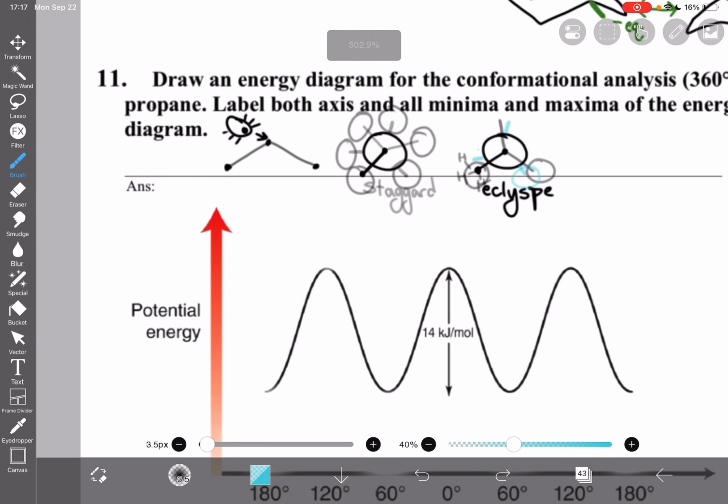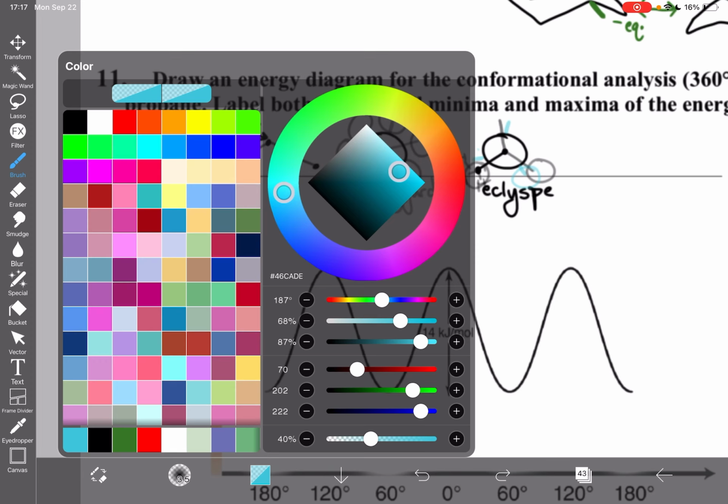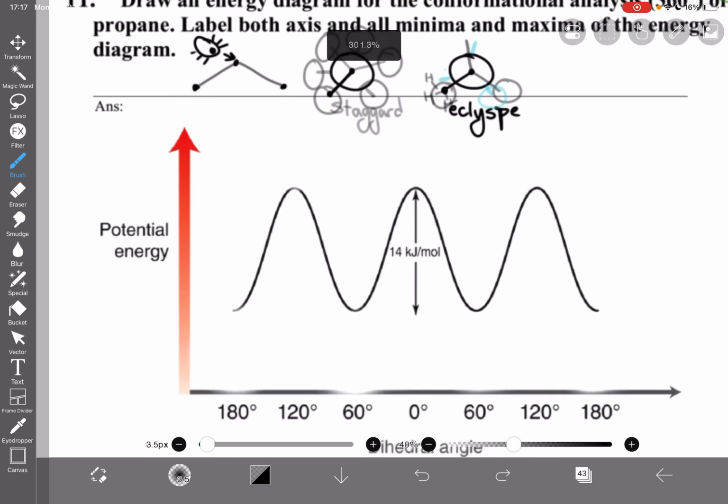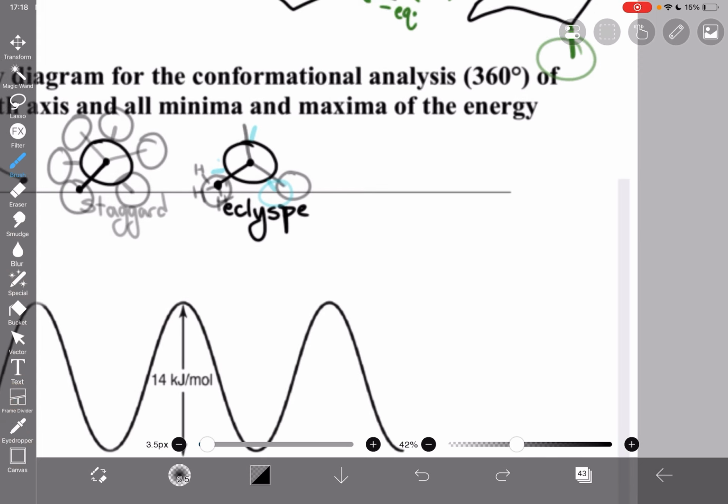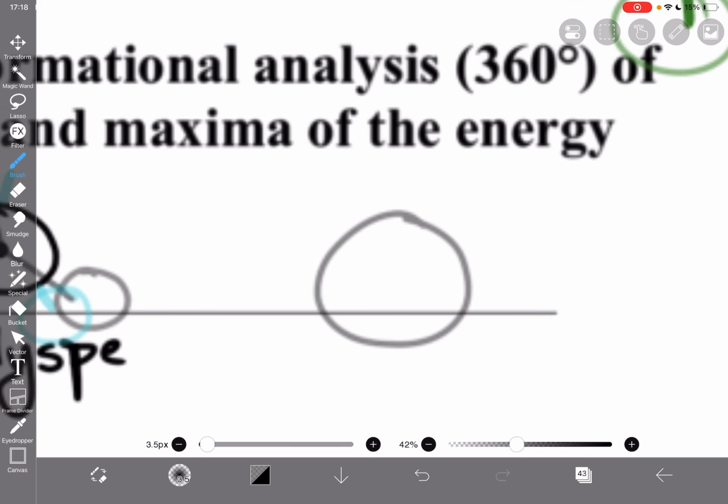So let's take a look at what's going on over here. Propane only has 3 carbons, which means there's 3 possible positions for the eclipsed version, and there's 3 possible versions for the staggered position. So let's draw a little diagram of our staggered again. We have 3 possible positions for that carbon to be in.